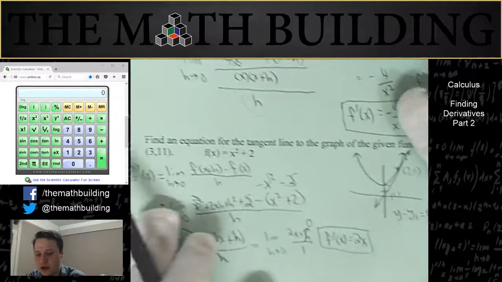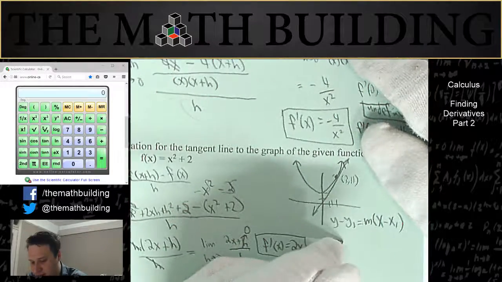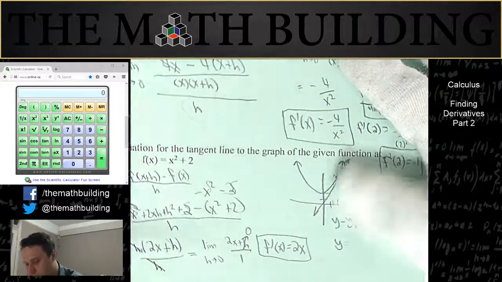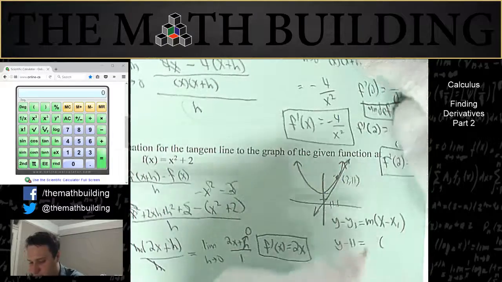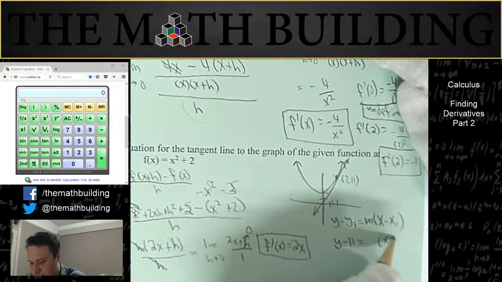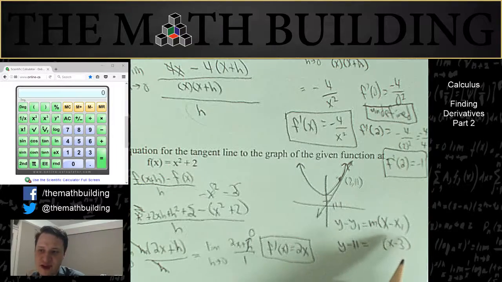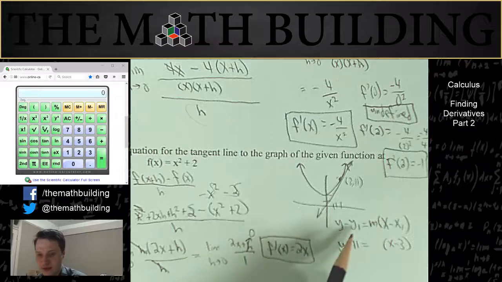We know that the point we're looking at is (3, 11). So here's what you do. You do y minus 11 equals, I'm not going to write our slope yet, x minus 3. So that 11 and 3 come from the fact that we're going through the point (3, 11). Okay, that's where that came from.